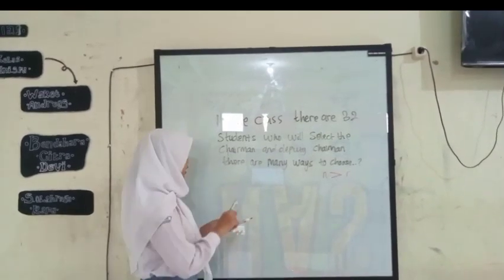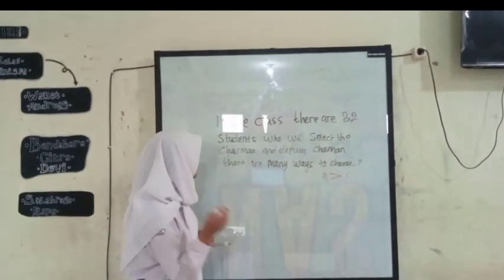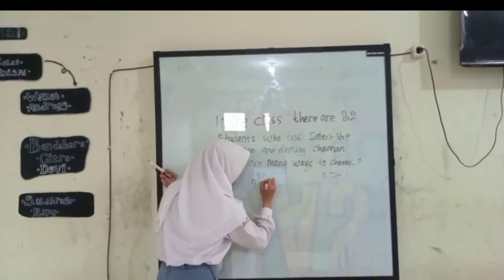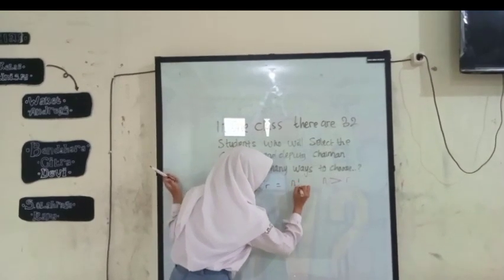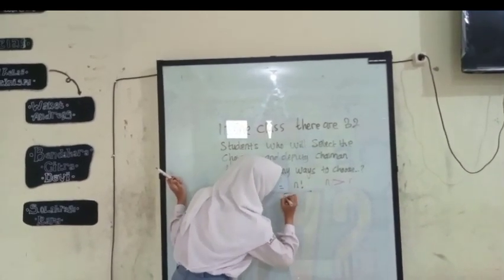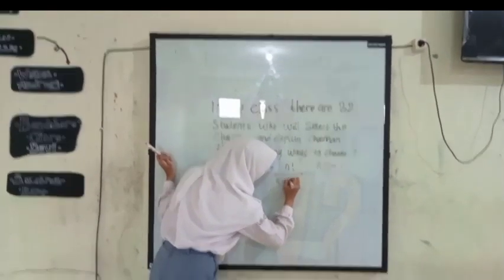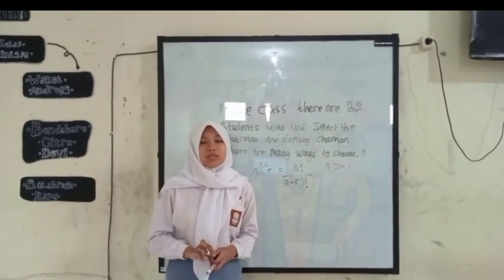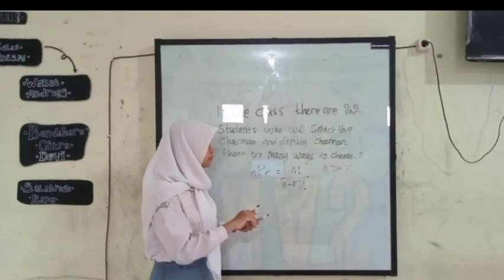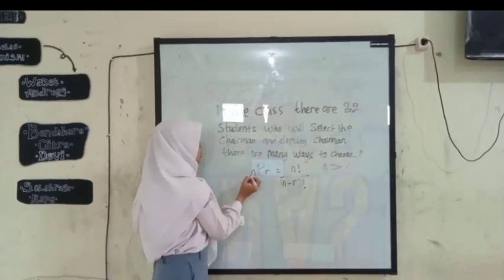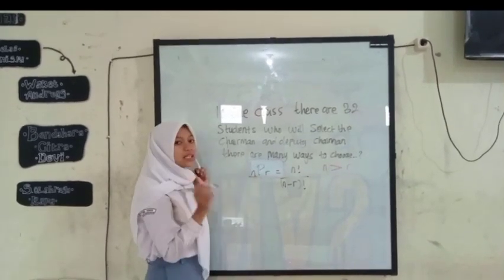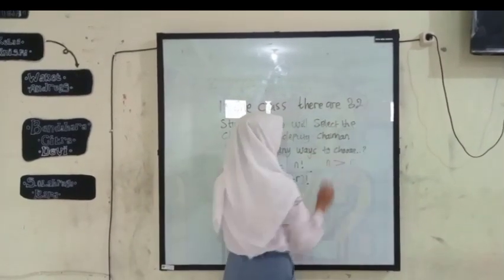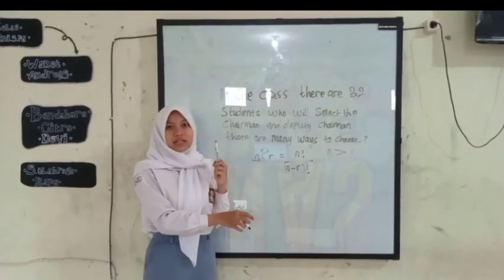Then, we need to write the formula. Permutation nPr is n factorial per n minus r factorial. Like this, we just need to write it out. We know that n is bigger than r, so we know that n is 32 and r is 2.